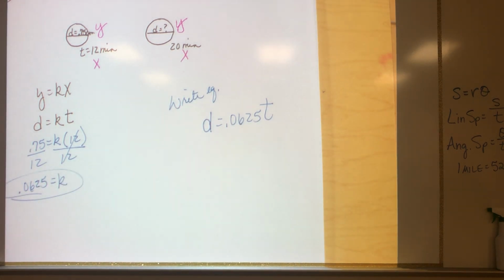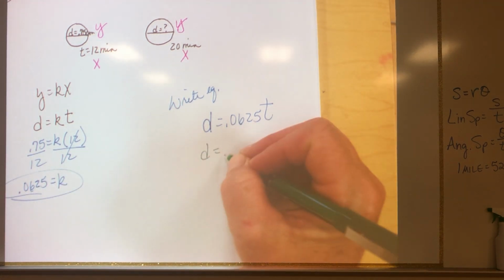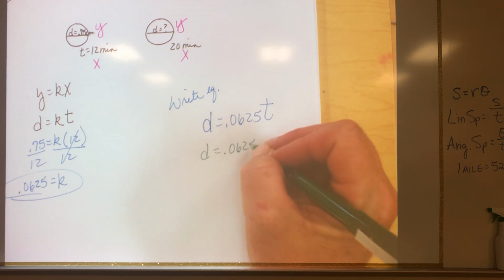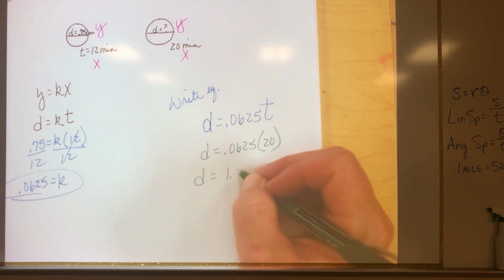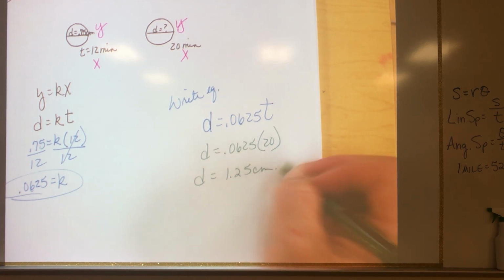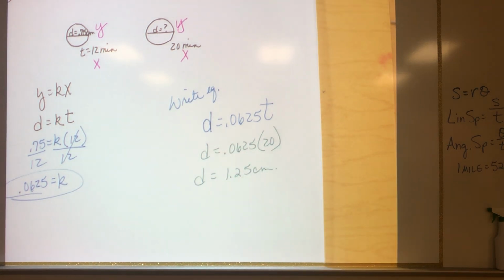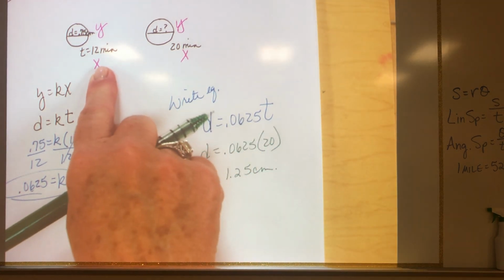What is my time? So my diameter is 0.0625 times 20. My diameter is 1.25 centimeters. Is that reasonable? If it stays up there longer, shouldn't it be bigger?